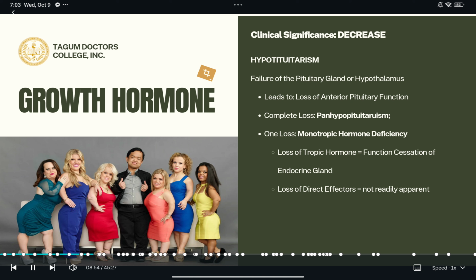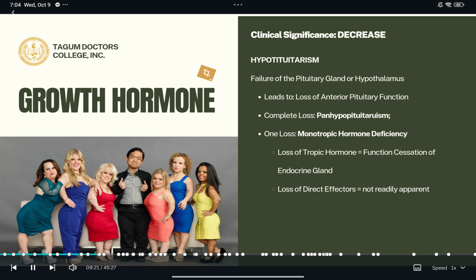If it's only one loss, it is monotropic hormone deficiency, or a loss of the tropic hormones. So if the tropic hormone is lost, then there is functional cessation of the endocrine gland. But if there is a loss in the direct effectors, it's usually not readily apparent.